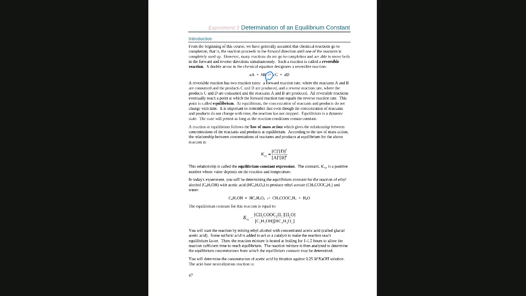In this reaction shown here, A reacts with B, and the products are C and D. Once the reaction reaches equilibrium, the concentration of the products and the reactants is not going to change, but the reaction is in a dynamic state because the rate of the forward reaction is the same as the rate of the reverse reaction.